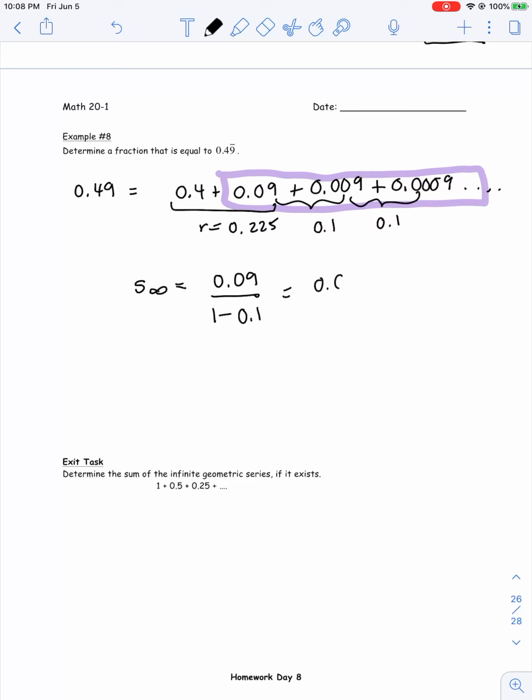So as a fraction, that's going to be 0.09 over 1 minus 0.1. So if you move the decimals over, it's going to be the same as saying 9 over 90, which simplifies to 1 over 10.